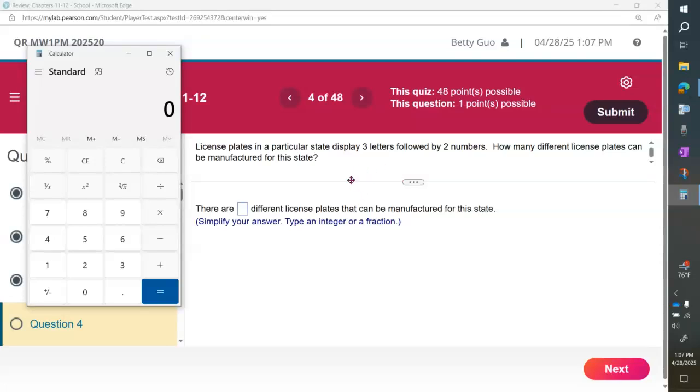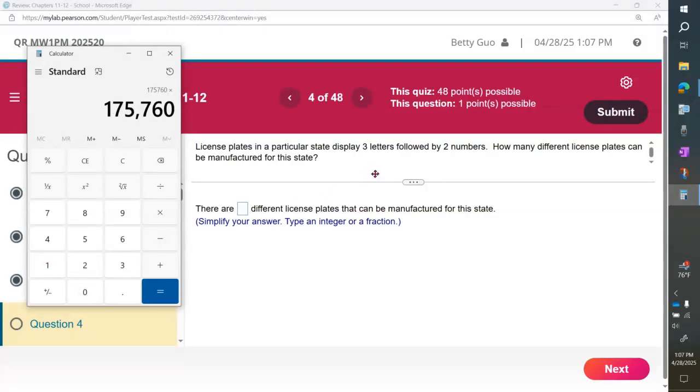The first slot, any letter. We have 26 letters available, right? Second slot, any letter, 26. Third slot, any letter, 26. The fourth slot is a number. The number could be 0, 1, 2, 3, 4, 5, 6, 7, 8, 9. So 10 options.